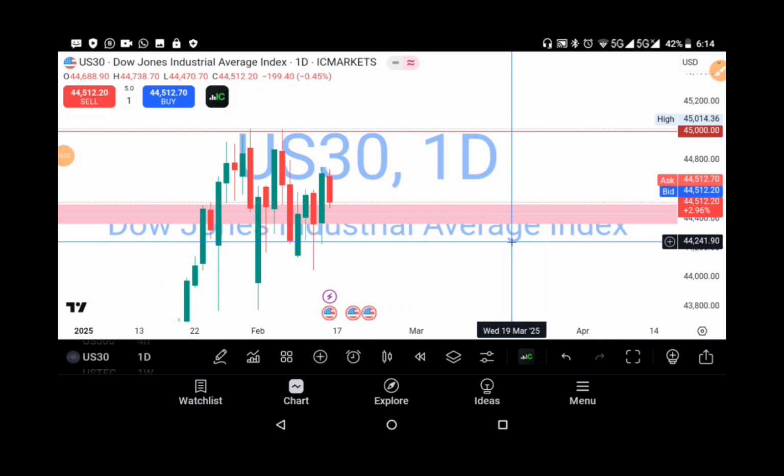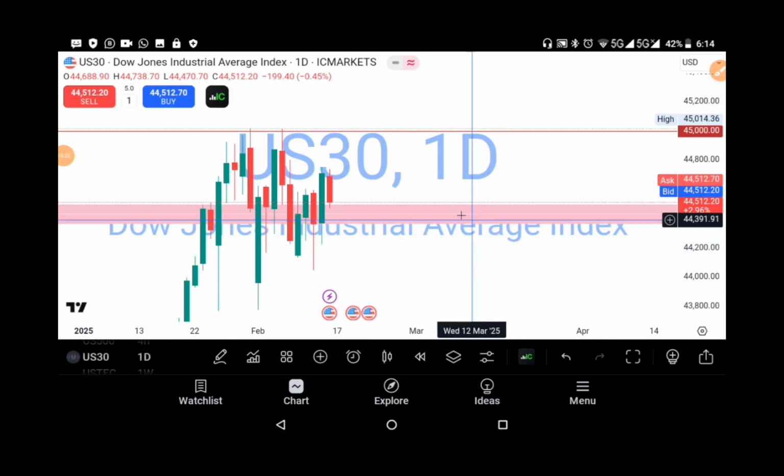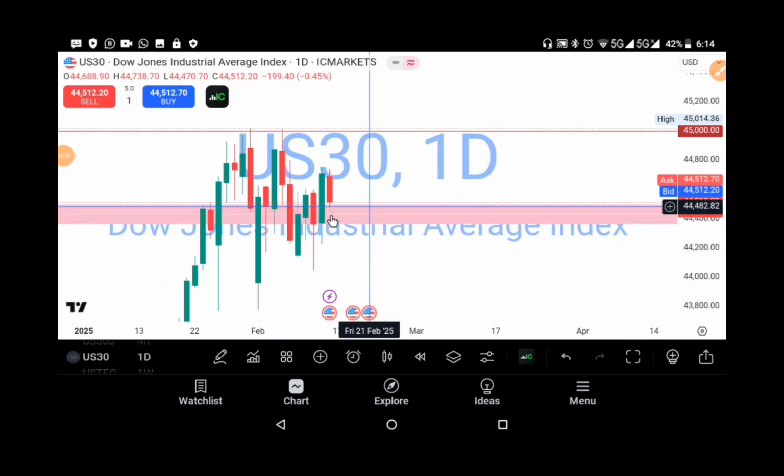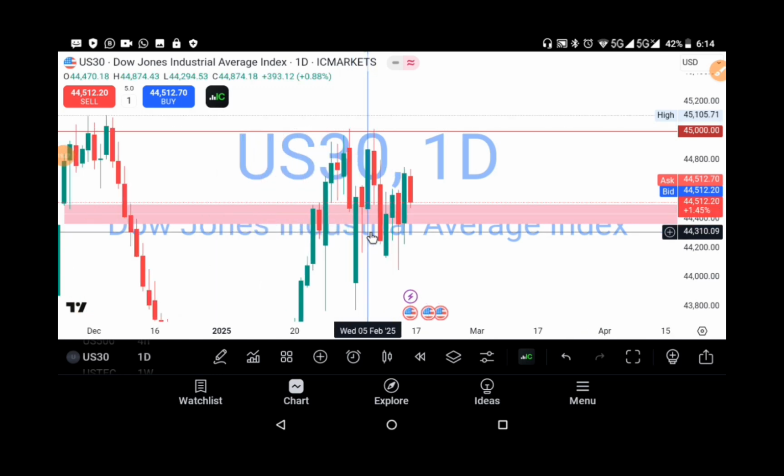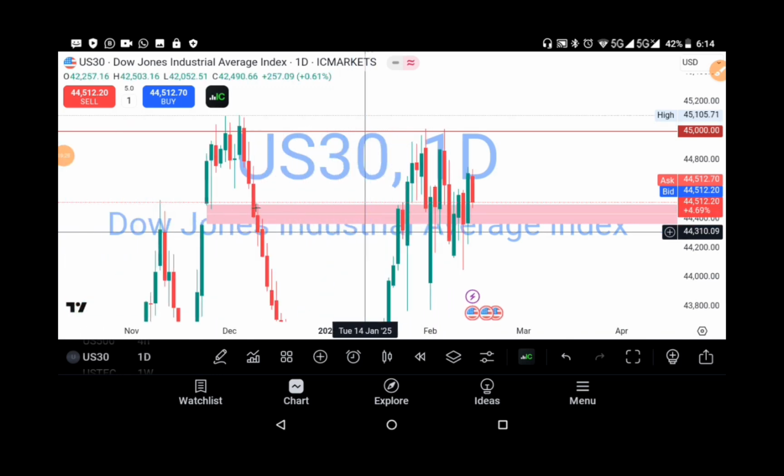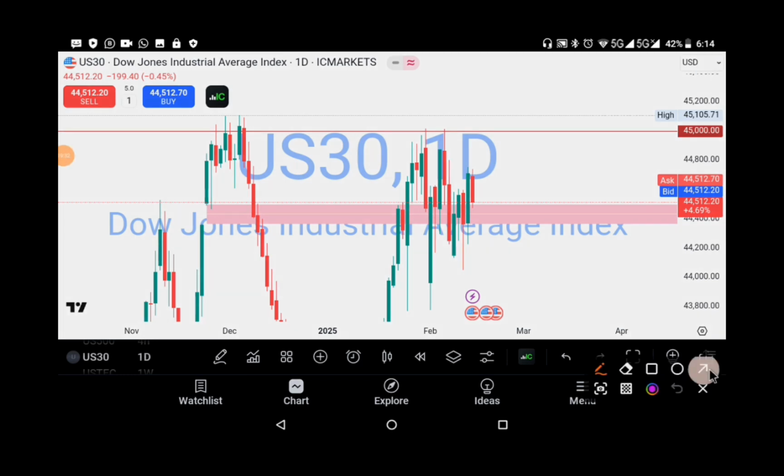So I'll be expecting the price to stay above the consequent encroachment of this level here. The level was drawn from this gap here. This is the actual gap, liquidity void.